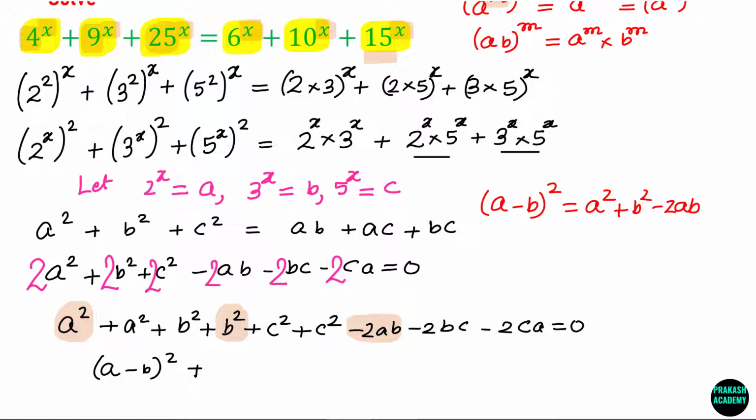Similarly, this term, b square, c square minus 2bc, will become (b minus c) whole square. And the last term that you have here, a square plus c square minus 2ca, will become plus (c minus a) whole square.